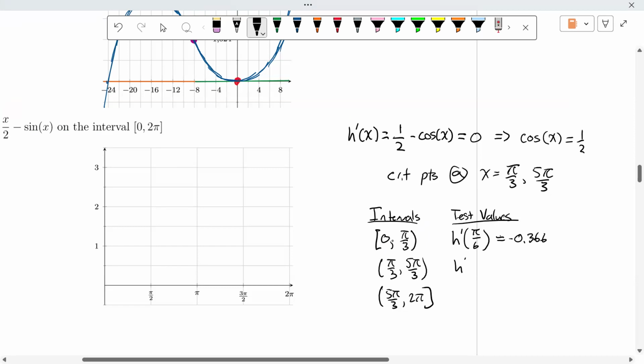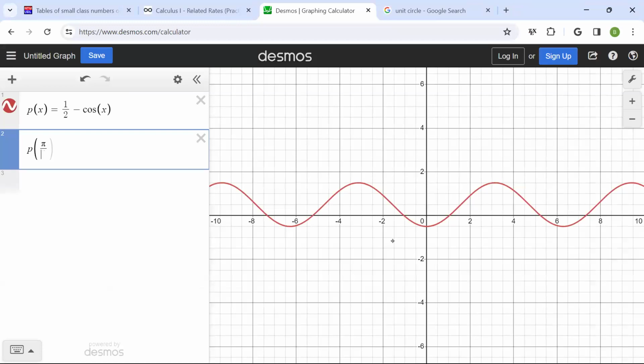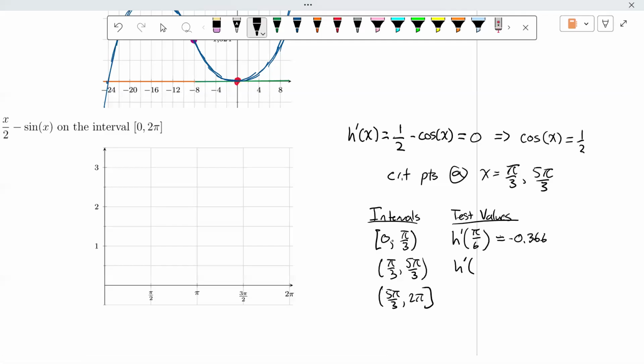What's a good test value to plug into here? Pi over 3 and 5 pi over 3. There's a lot of them. Pi is a good one, yes. 1.5. And then for this one, I need to be past 5 pi over 3.